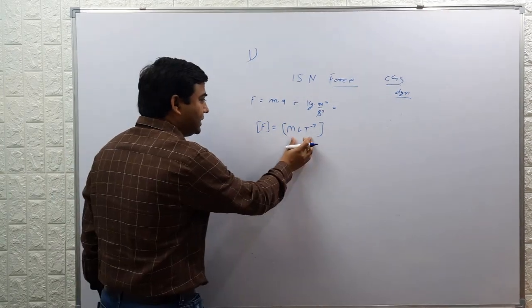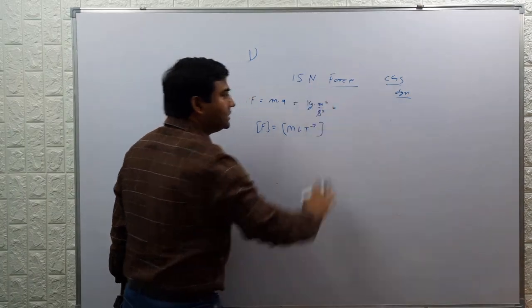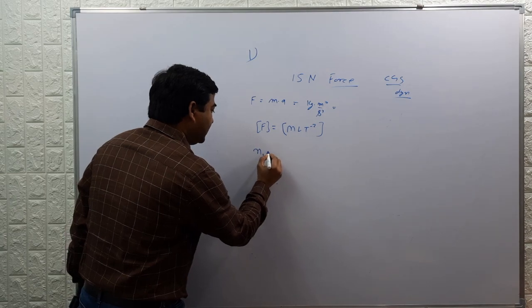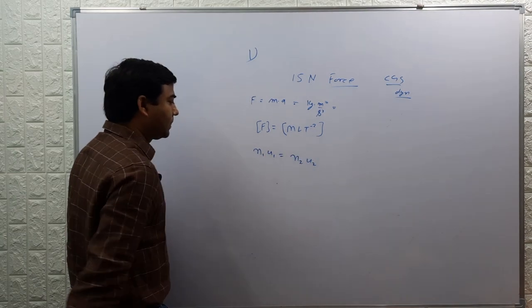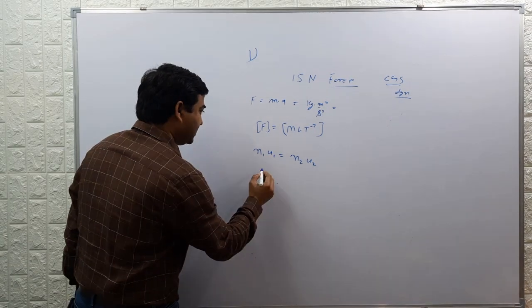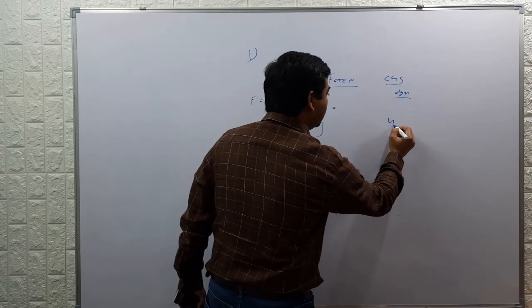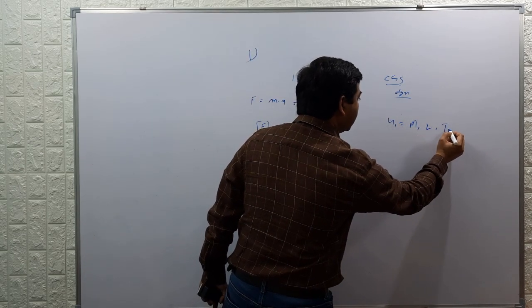Now we will apply this dimensional formula to convert 15 Newton force into the CGS system. So N1 U1 = N2 U2. Here U1 is M1 L1 T1.